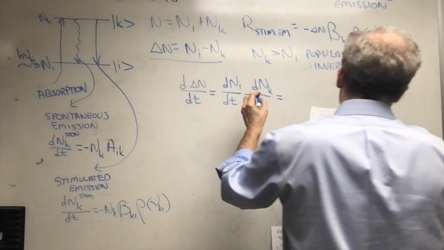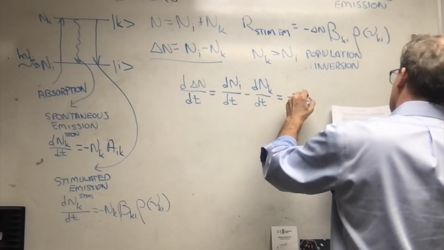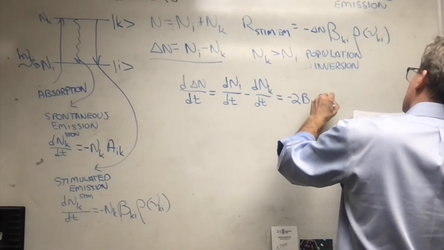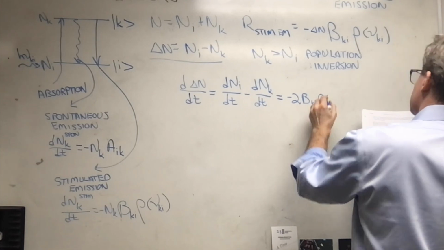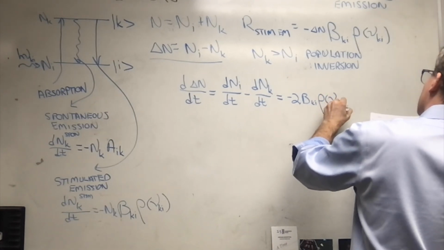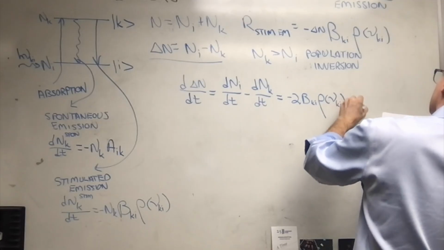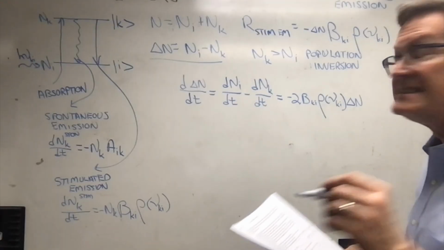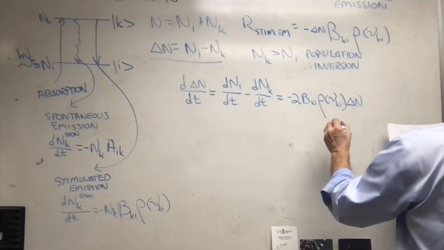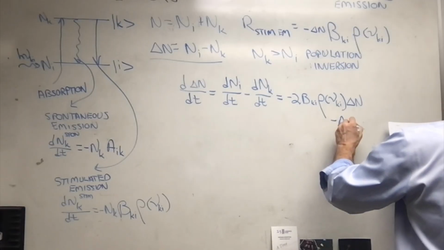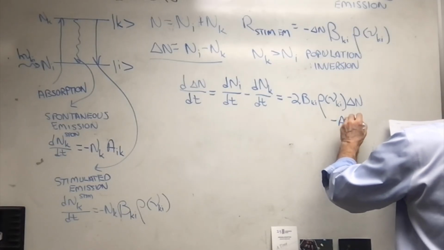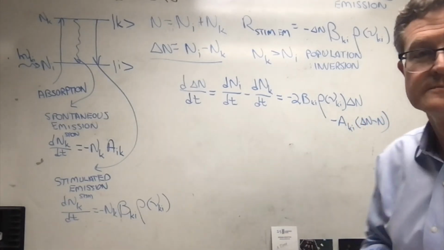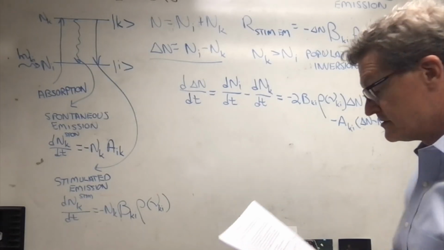We're going to be driving population up, which depends on the Einstein B coefficient, on the applied power density, and the population difference. And we're also going to have population that's being driven down by the Einstein A coefficient.